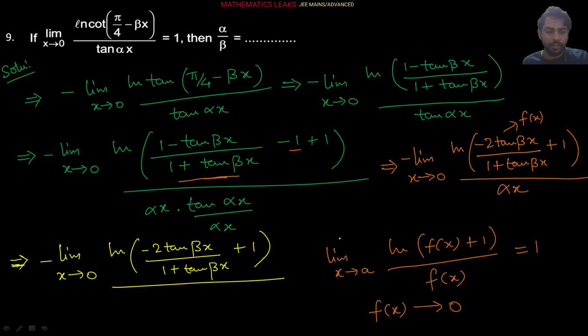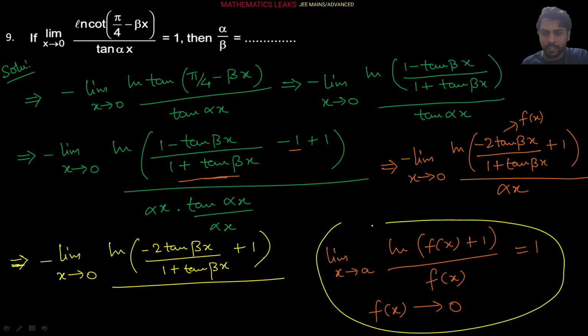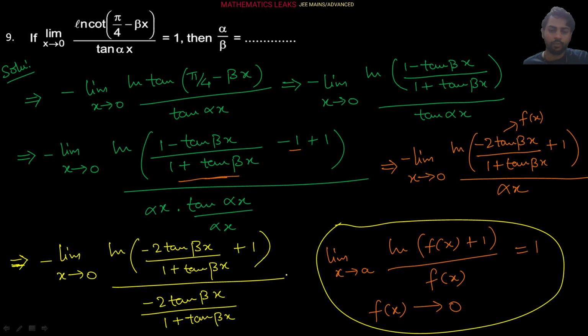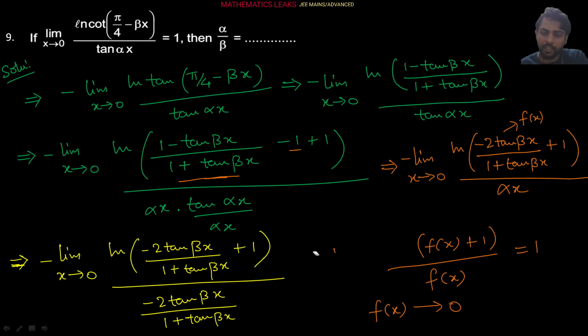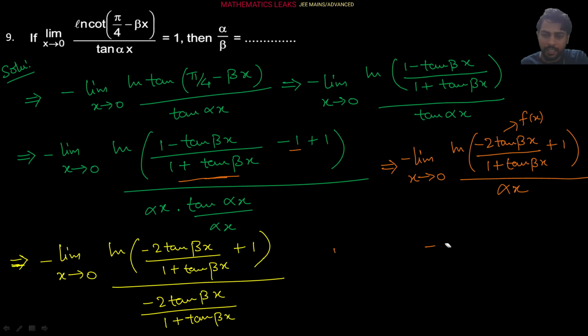Since this is f(x), as I already said, to use this frequently used limit I am going to multiply this quantity's denominator by this: minus of 2 tangent of beta x upon 1 plus tangent of beta x, right? Now that is clear. And alpha x in the denominator is already there. So this quantity I am multiplying in the denominator, and the same quantity I will be multiplying in the numerator. Same quantity in the numerator also multiplying: minus of 2 times tangent of beta x upon 1 plus tangent of beta x, right?